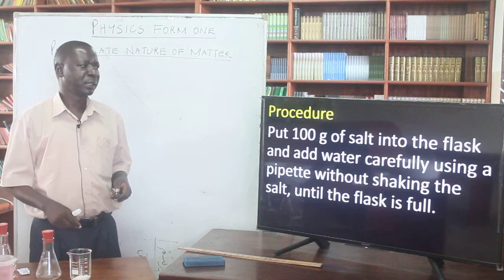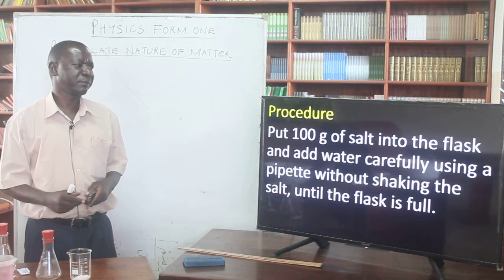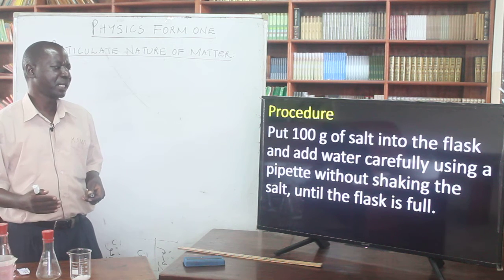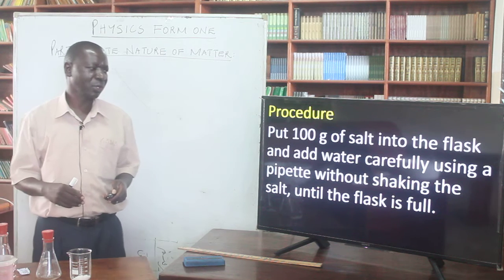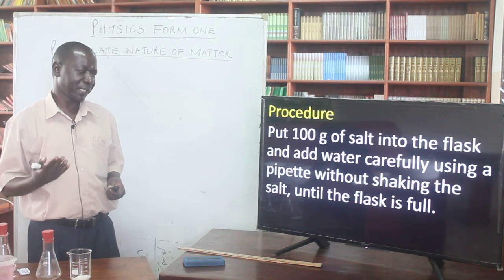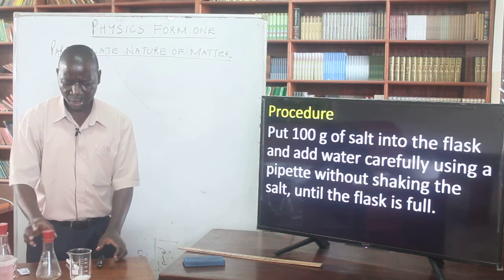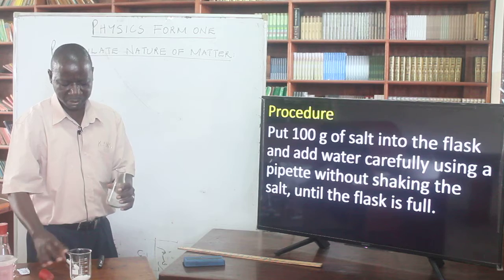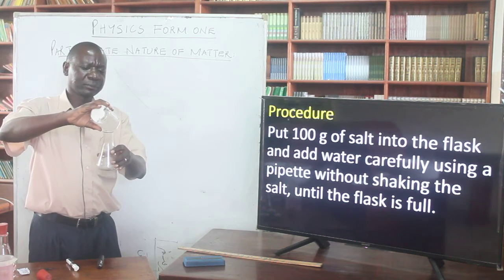We are going to put 100 grams of salt in the flask, and add some water carefully using a pipette or a water bottle, without shaking at first, until the flask is full. The flask is here, so we put some salt there, 100 grams of salt.